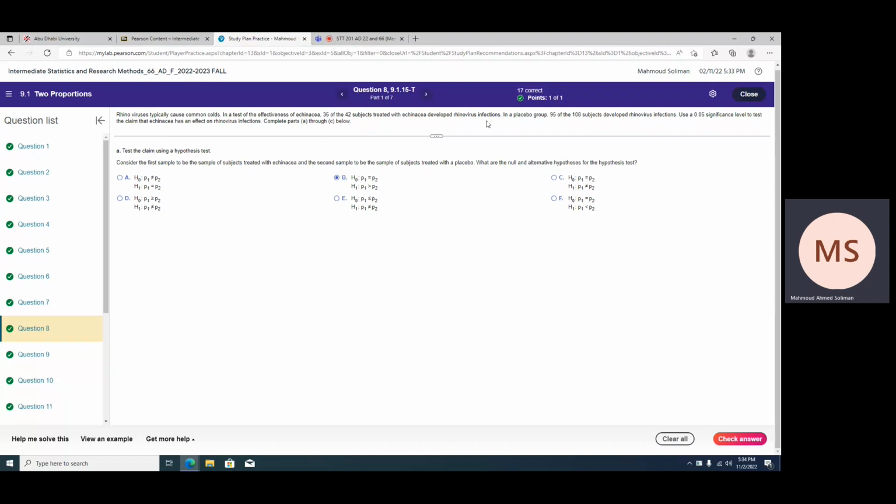So that means sample 2 with the placebo should be more sick than sample 1. Because more of them got sick. Yeah, because this one says it has an effect on rhinovirus infection. That means it treats it. But that also means that the placebo group got more sick.